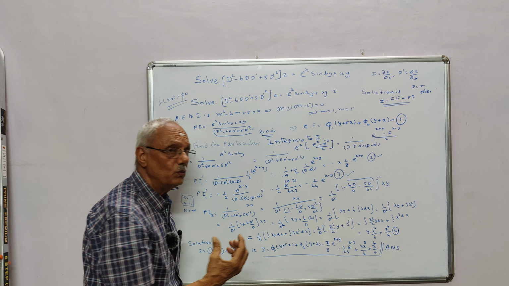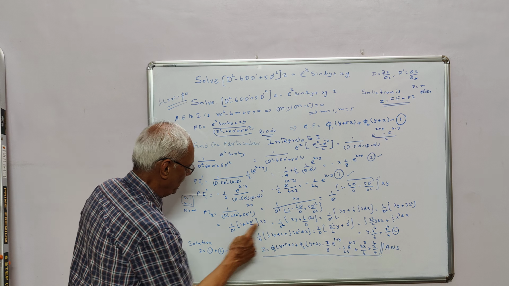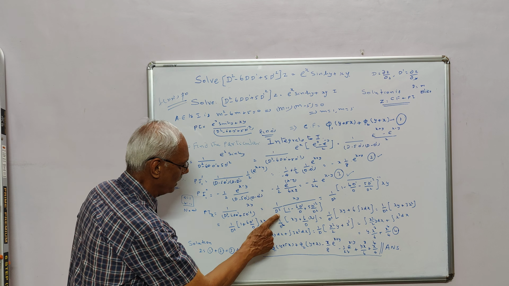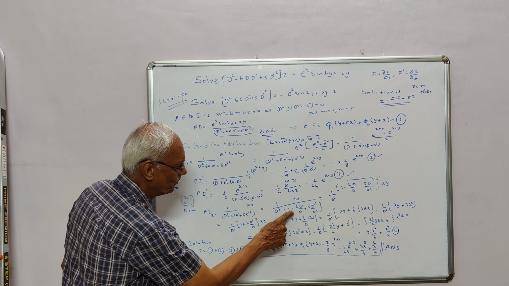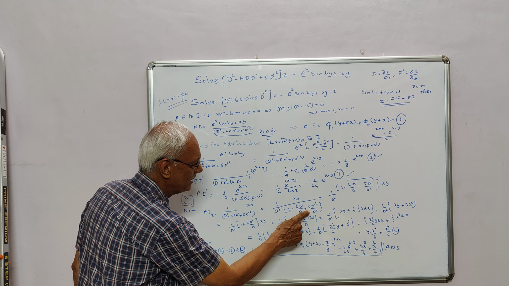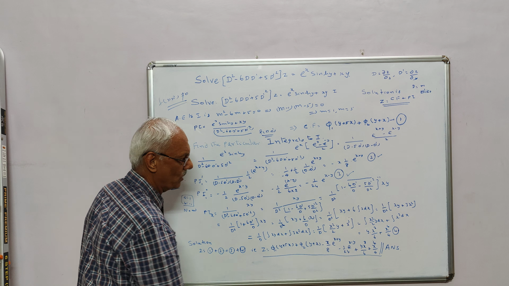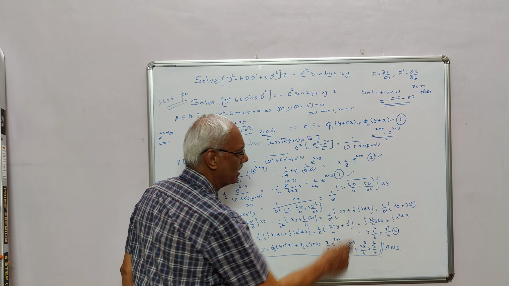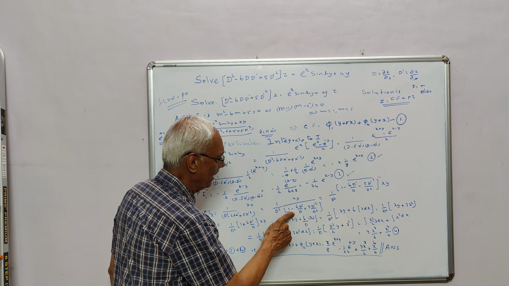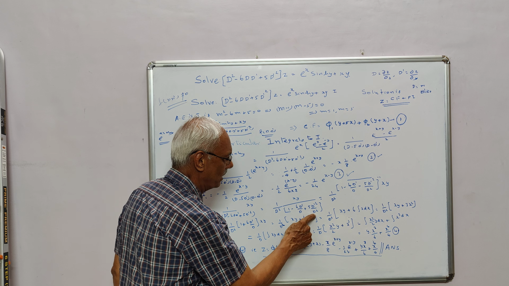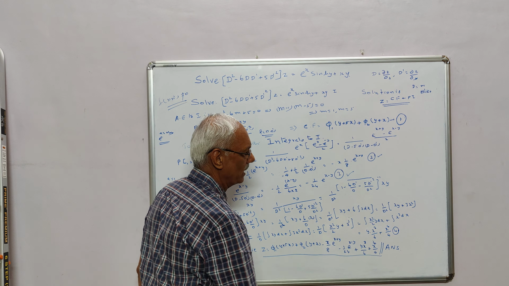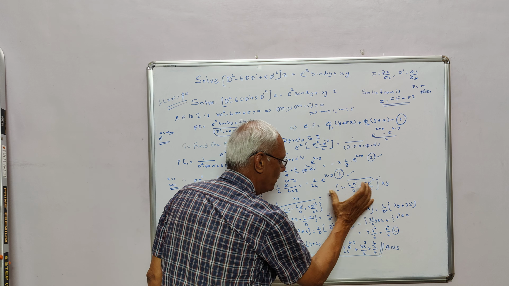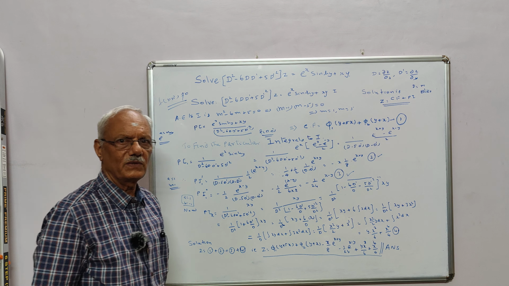The method of doing the integration is to take this D squared outside, so we are left with 1 by D squared into 1 minus 6D dash by D plus 5D dash squared by D squared, the whole to the power of minus 1, into xy. Now you have to carry out the integration with respect to this on xy. That is the meaning of it.